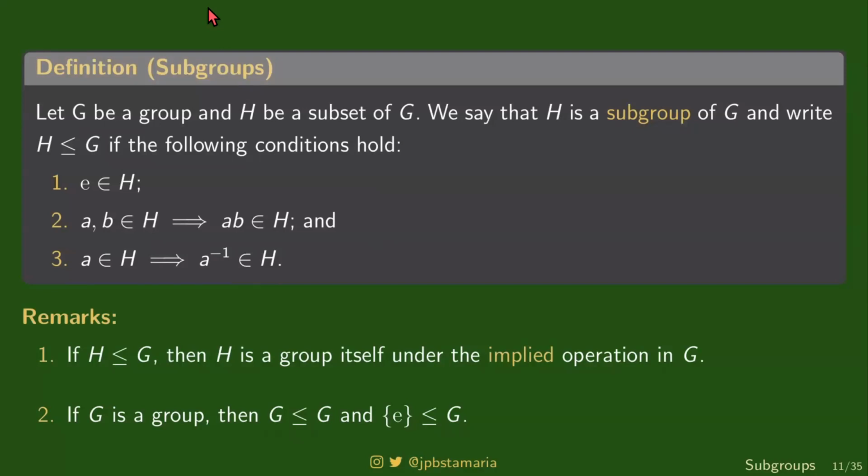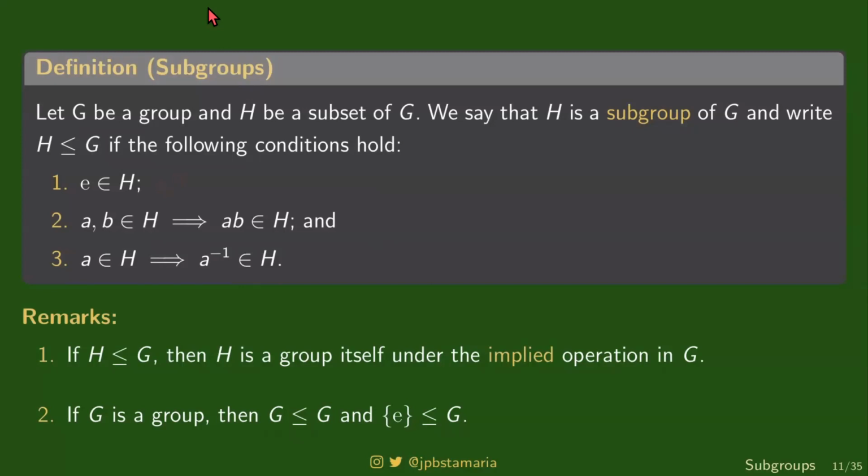Kung may pinakamalaking subgroup si G, ano naman yung pinakamaliit na subgroup ni G? Ano yung minimal? Hindi pwedeng empty ang isang subgroup kasi first of all, yung E ay dapat nasa H. Ang tanong, kung si E lang ang ilalagay ko sa isang subset, magiging subgroup ba yun?